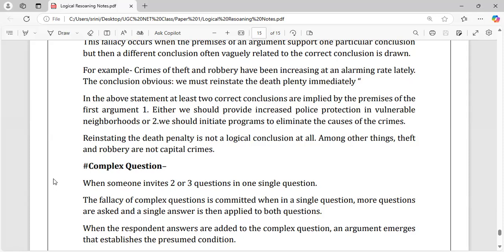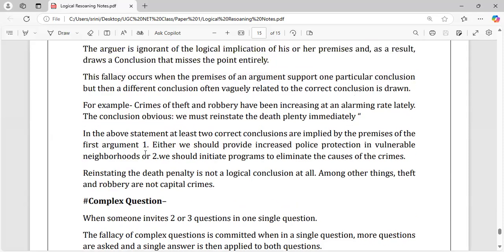In the above statement, at least two correct conclusions are implied by the premises of the first argument. One, we should provide increased police protection in vulnerable neighborhoods. Two, we could initiate programs to eliminate the causes of crime.